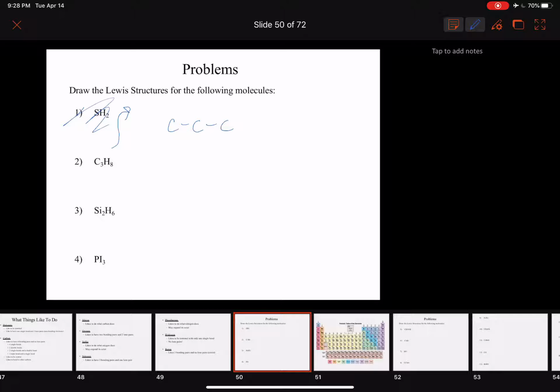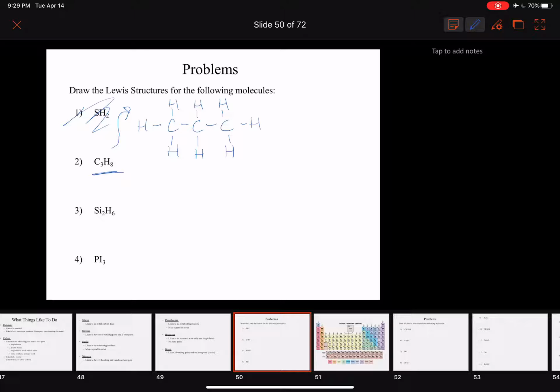And what we know about hydrogens is they like to be terminal, and they like to just have that one single bond. So we can put hydrogens all the way around our molecule like this, and magically we can see that we've used up 8 hydrogens, which is how many we have.